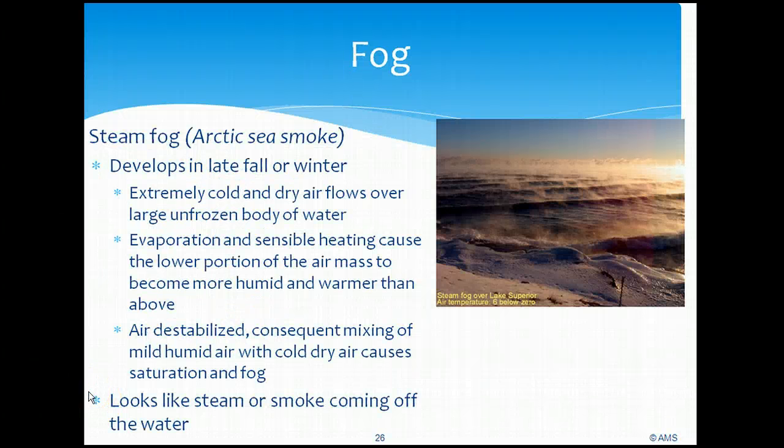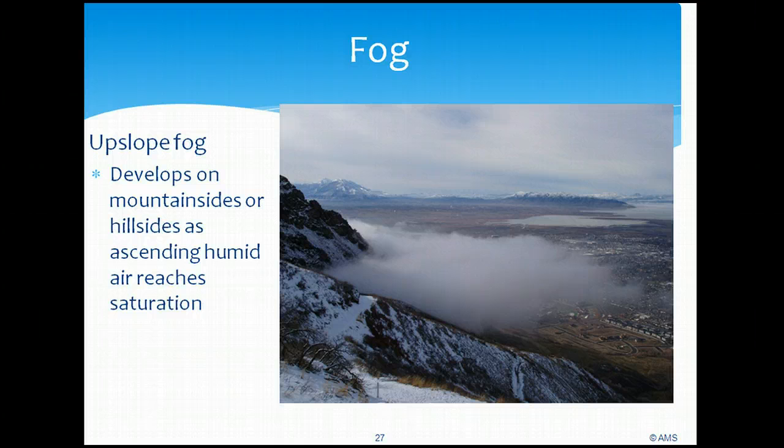Steam fog, sometimes known as Arctic sea smoke, is fog that develops in the late fall or winter when extremely cold and dry air flows over a large, unfrozen body of water, as seen here. Fog also may develop on hillsides or mountain slopes as a consequence of the upslope movement of humid air.